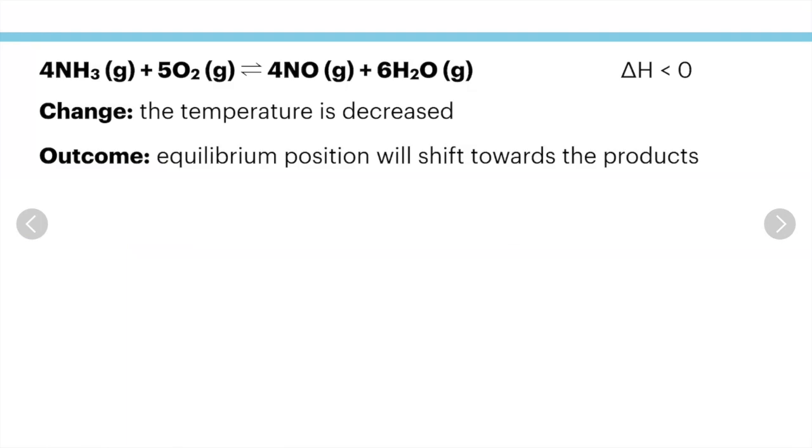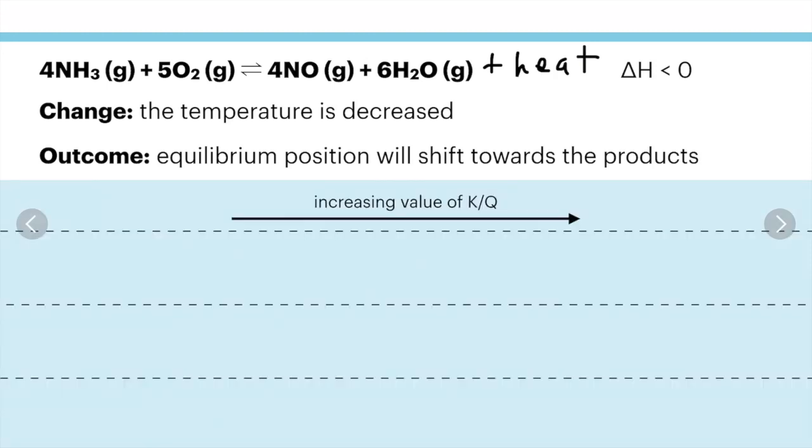So what about a change in temperature? This is the example that we used before. We're going to write in heat like we did before. It's exothermic, so the heat goes here. And we're going to use this diagram again. So we said that the change is the temperature being decreased, and the outcome is a shift towards the products.